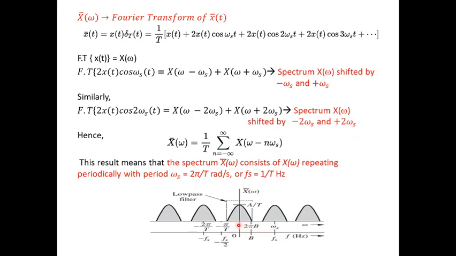You can see that the center is 0 and then we get here omega s, and again here it is 0, and on the left hand side it is obviously minus omega s. So this spectrum x cap of omega consists of just the actual x of omega repeating periodically with period omega s equal to 2 pi by T radians per second, or in terms of frequency in hertz, Fs is equal to 1 by T hertz.